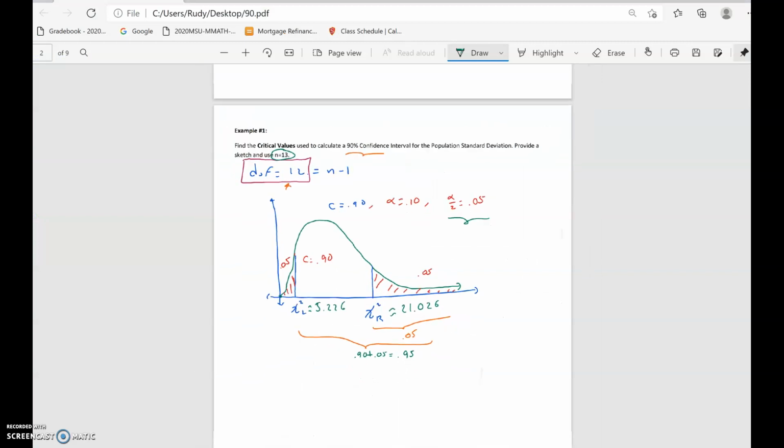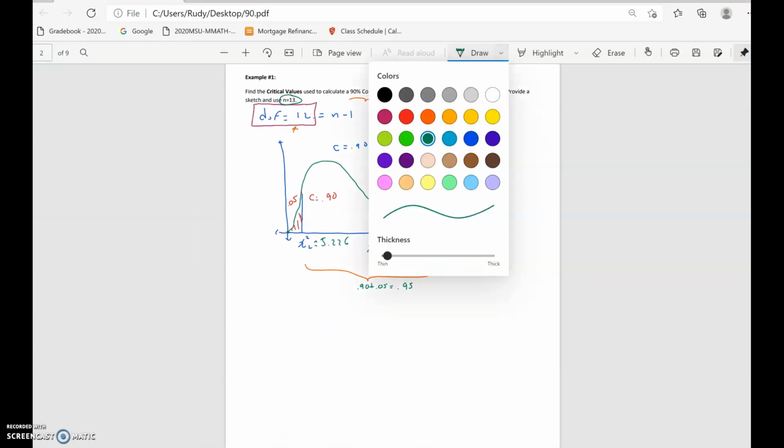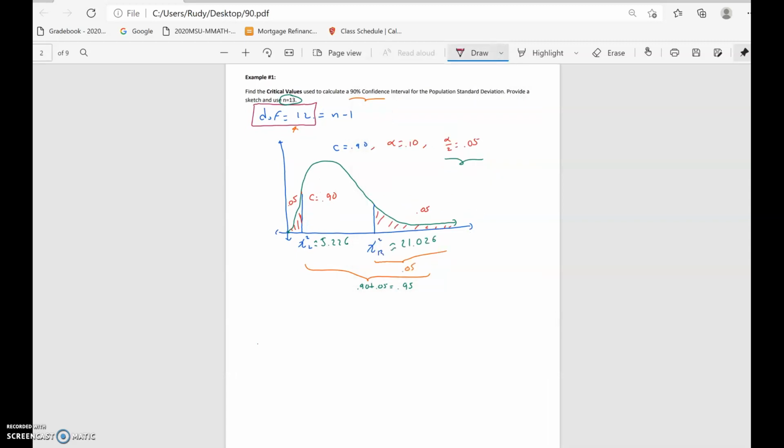So let me just state that the critical values in this case, the one on the left, is 5.226, and then the chi-square value on the right is going to be approximately 21.026.